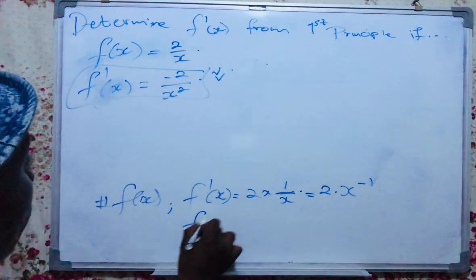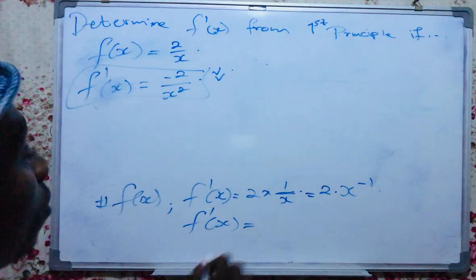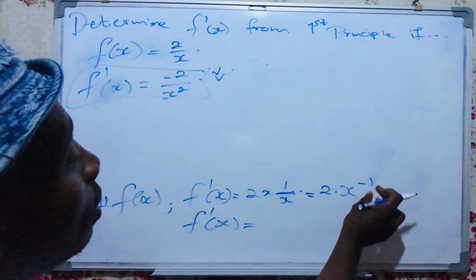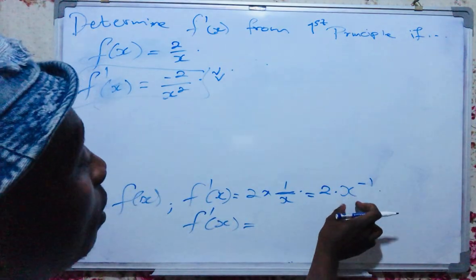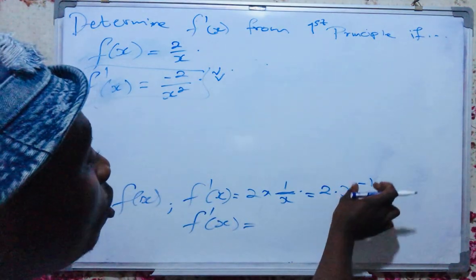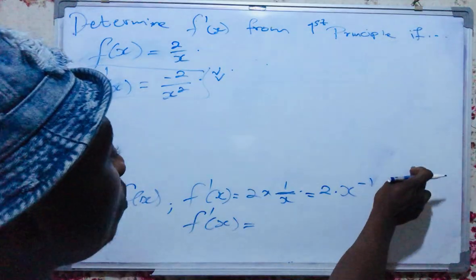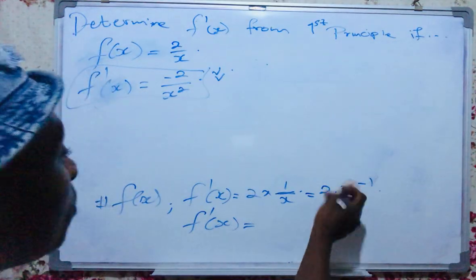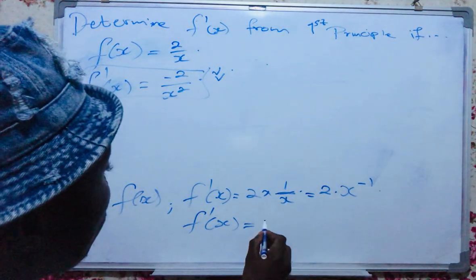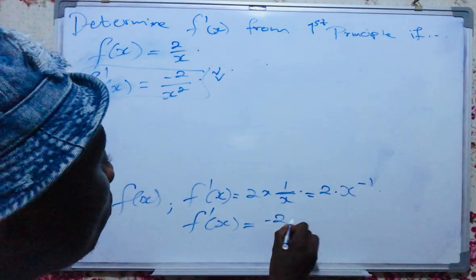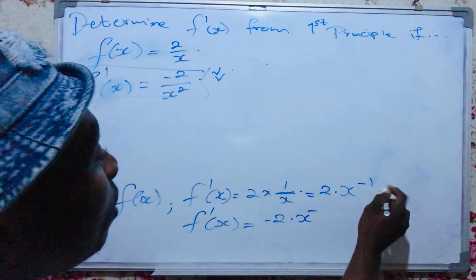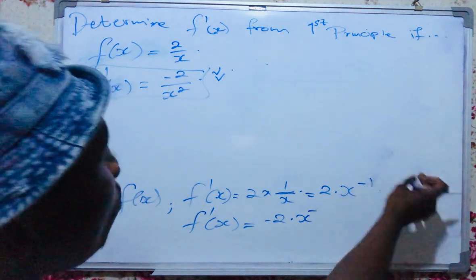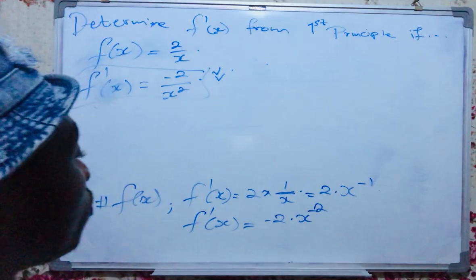So here f prime of x would be, if we want to take a derivative of a power, we take the exponent to multiply, so this will be minus 2 multiplied by x to the power of minus 1, but we still have to subtract 1 again, so it will be minus 2.